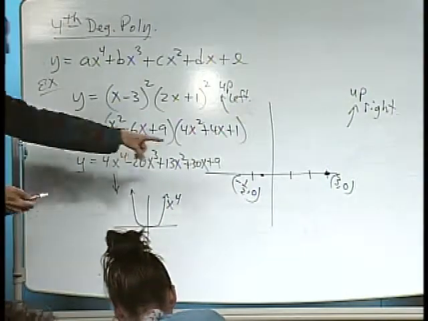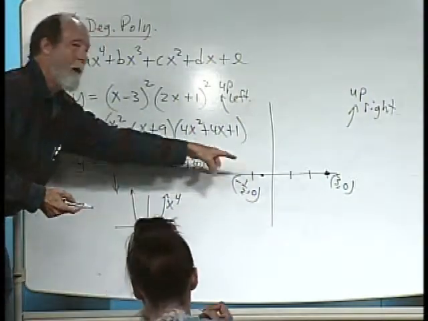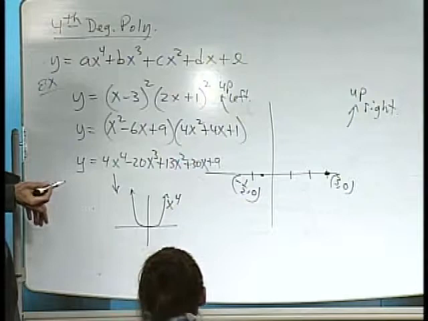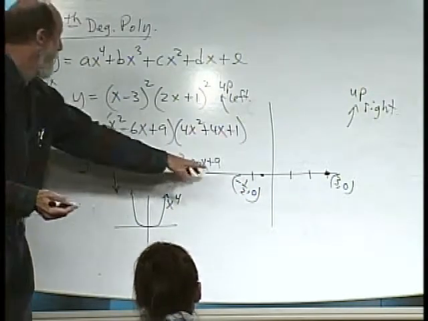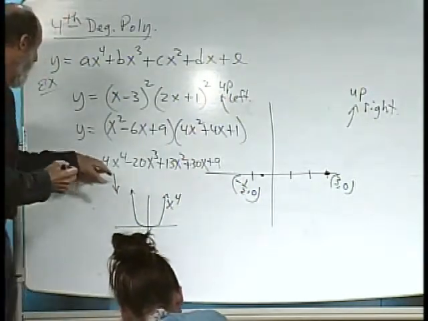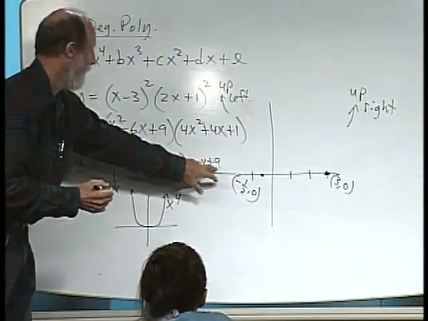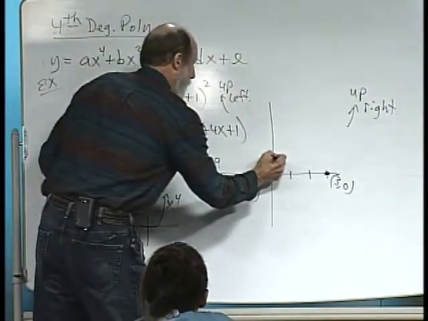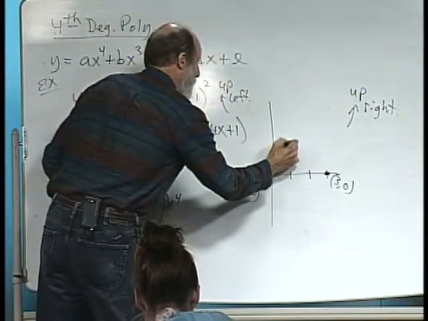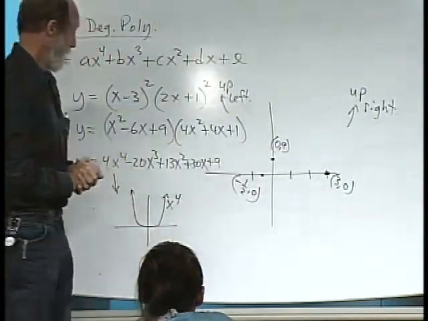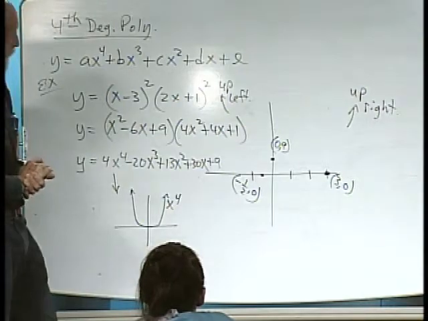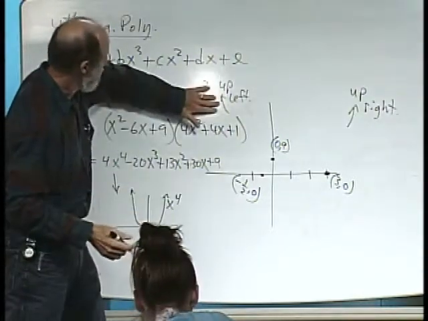So we only have 2 zeros, don't we? How about a Y-intercept? We talked about that a little while ago. F of 0 disappears. 9. 0, 9. Label it. Okay. So graph has to be up here to the left.